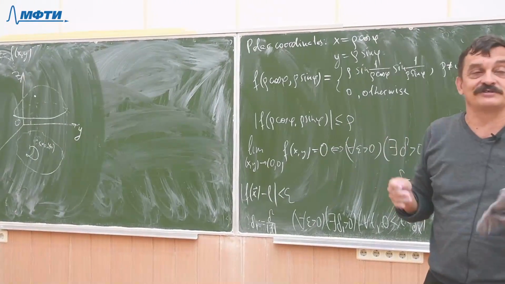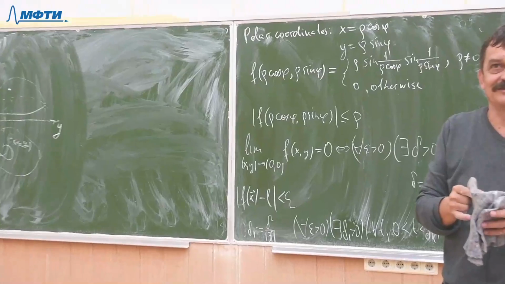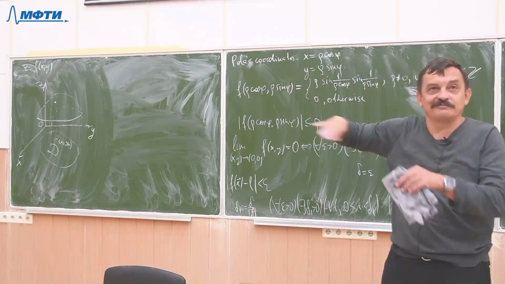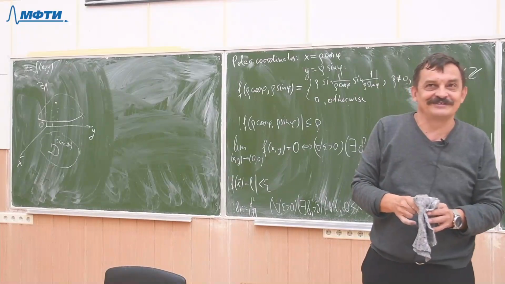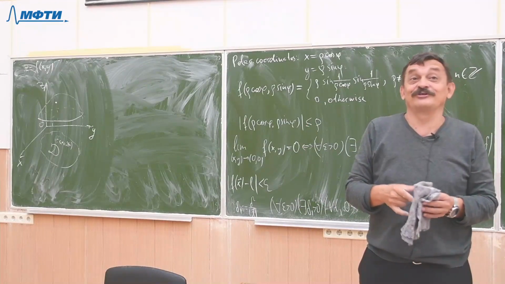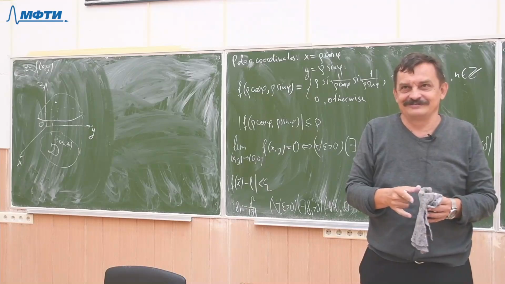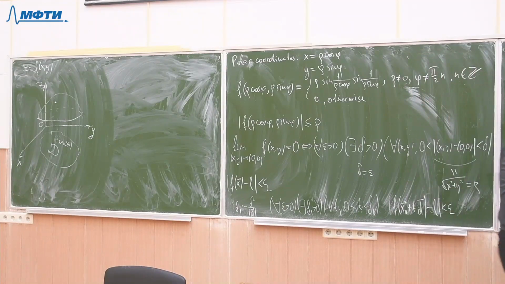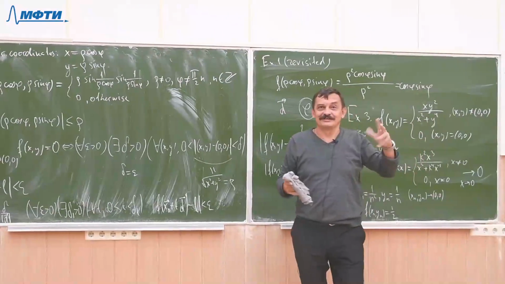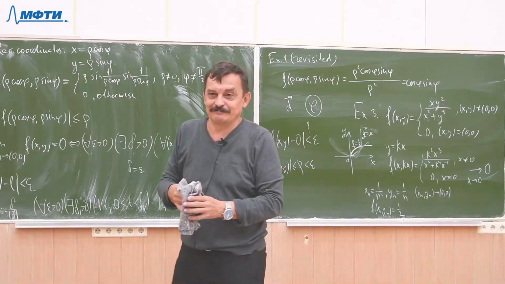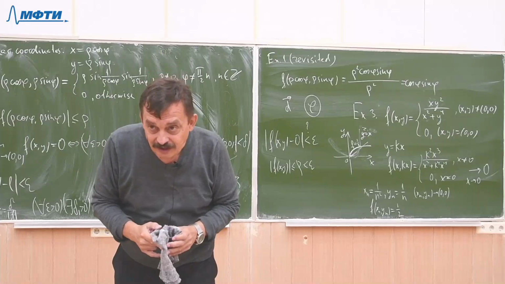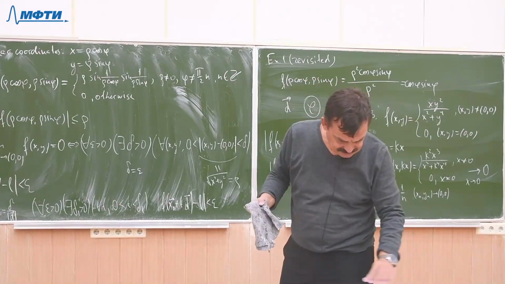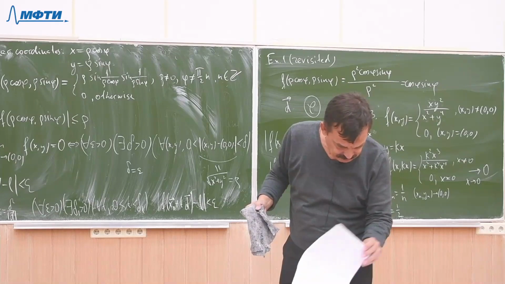Those examples usually do not appear in practical things. In practical things, usually you have smooth surfaces, and you don't care about limits and so on. But you see, sometimes it might be even such a simple function, but with very strange behavior. Yeah, that's it. Okay, so I think that's all I wanted to say about limits.